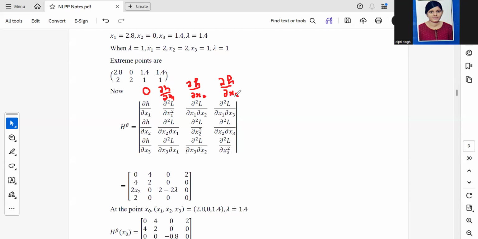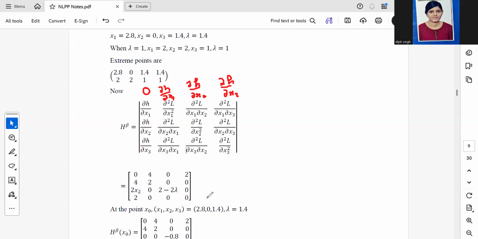This is the complete bordered Hessian matrix. Now we put the values here.